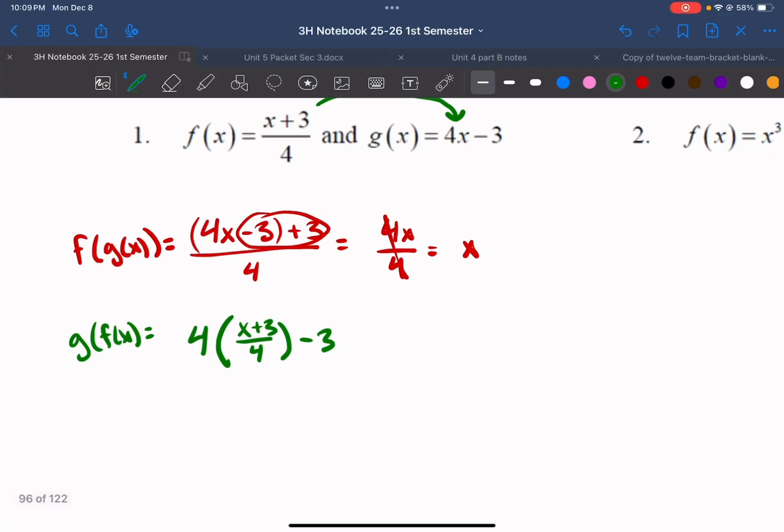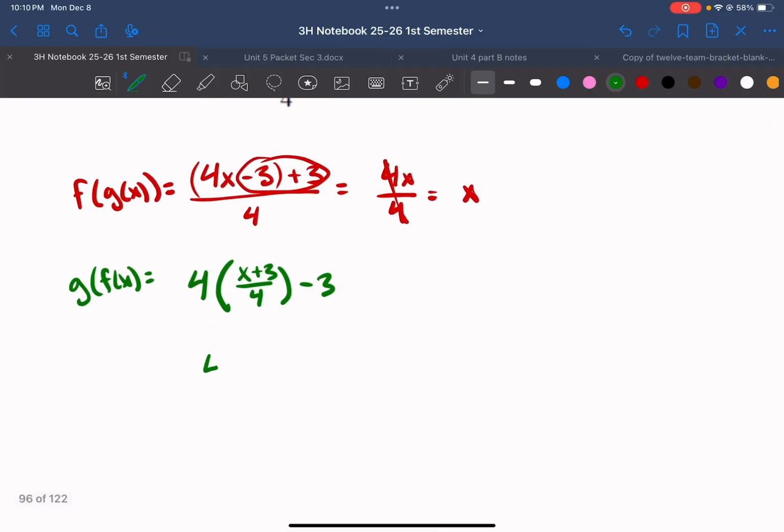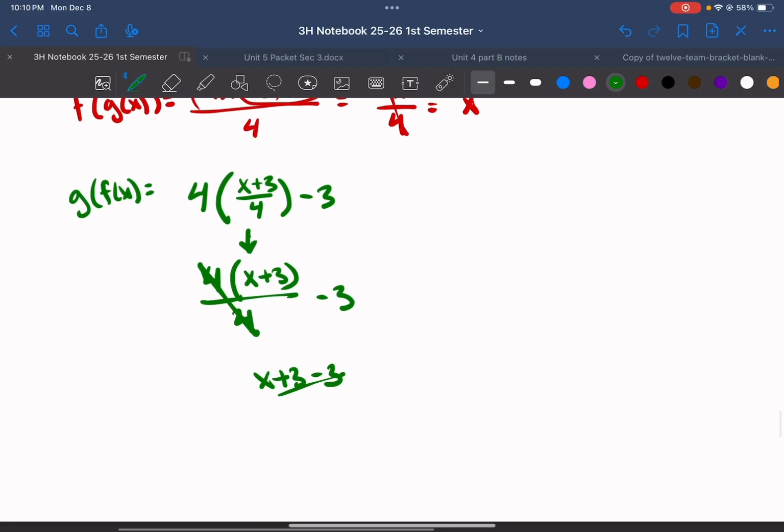Okay, so this can be rewritten, hopefully you guys remember your fraction rules, as 4x plus 3 over 4. These mean the same thing. Minus 3. Okay. Our 4's cancel, and now we have x plus 3 minus 3. Our 3's cancel, or combine, and we get x.